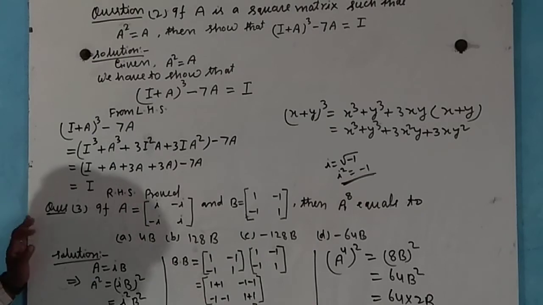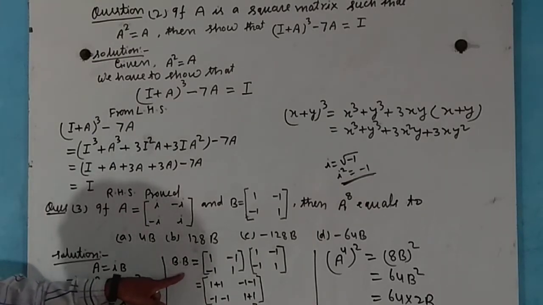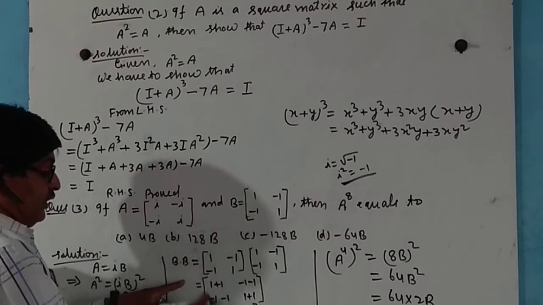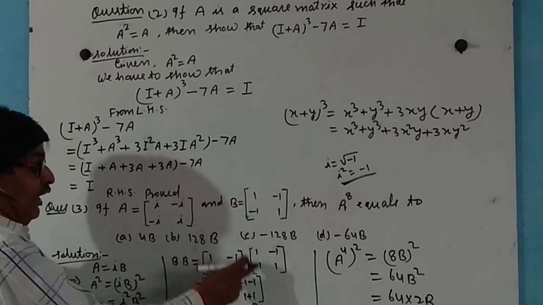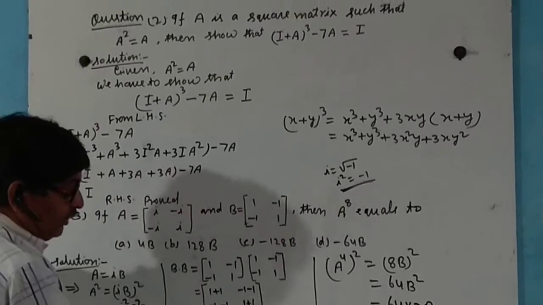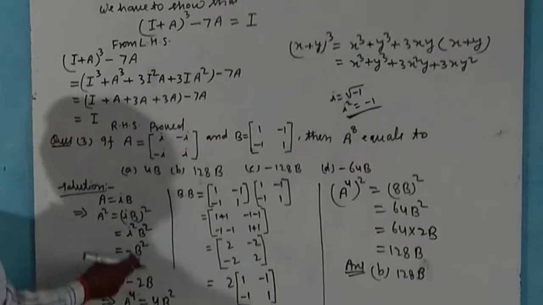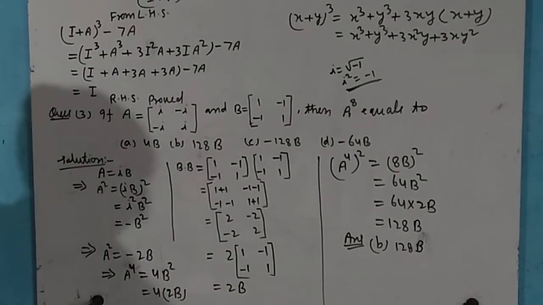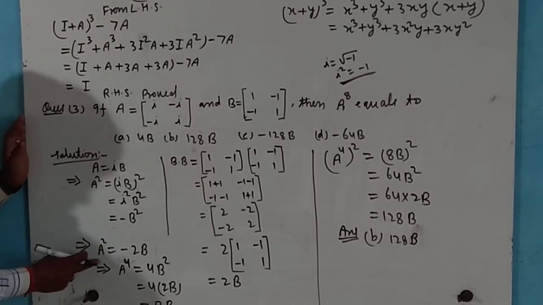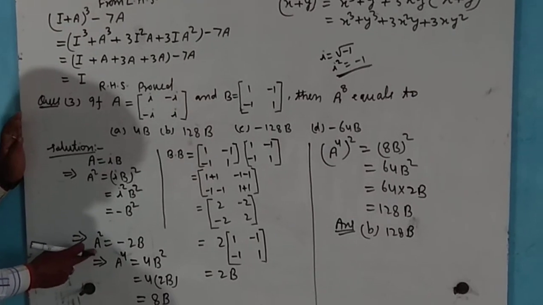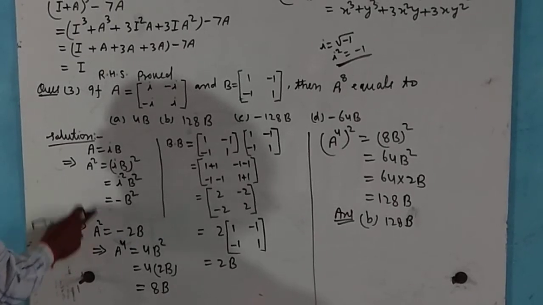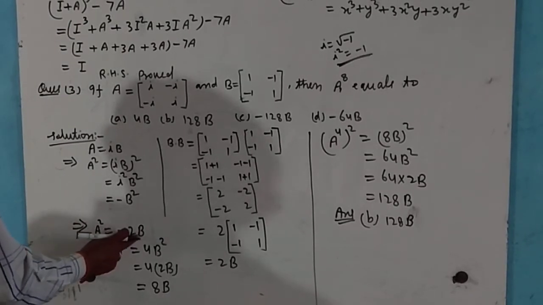This is equal to minus B squared. Now B squared, B times B, we calculate by the row by column method, and we get B squared equal to 2B. So A squared equals minus 2B.